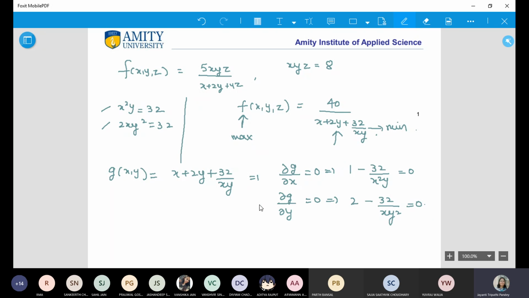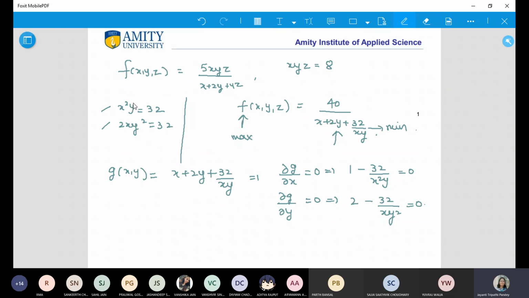You can multiply and see. x square y is 32 and 2xy square is 32. Now we have to solve this for x and y. Please solve and give me the value. I hope this much is understood.